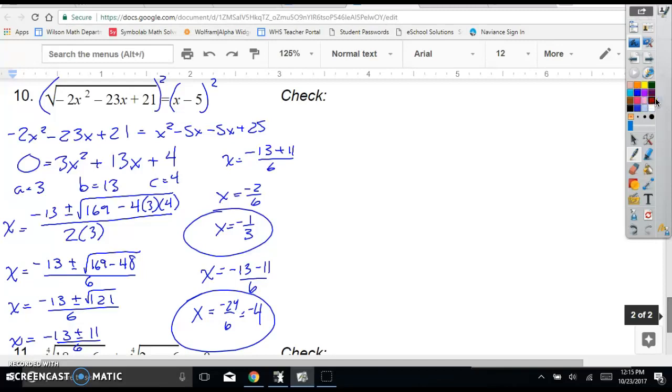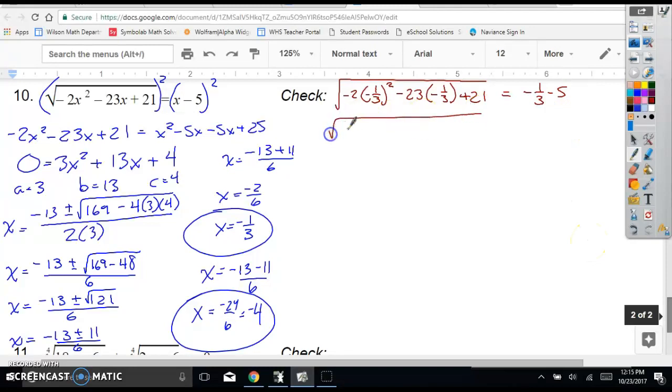So, do the check. I apologize, the first one is a lot of writing. So I got negative 23 times negative 1/3 plus 21 equals negative 1/3 minus 5. So, this will be negative 2 times 1/9. This will be plus 23/3 plus 21.